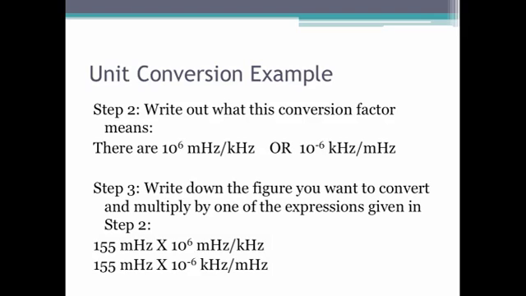The way I normally figure out which one is the correct one is I simply look at the units and see whether the units that I'm going to end up with in the calculation make sense. What I'm after, of course, is an answer in kilohertz.